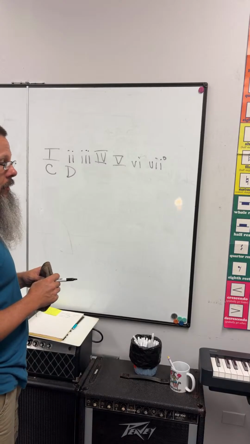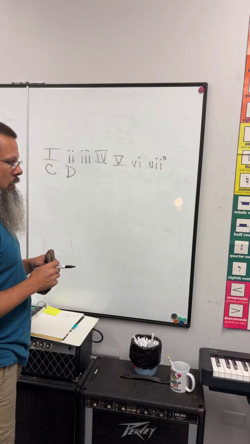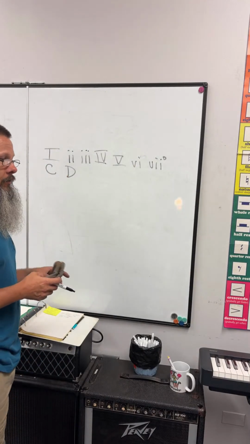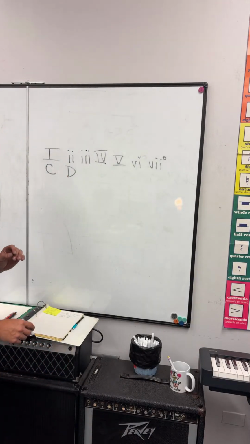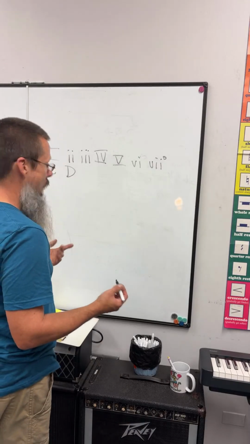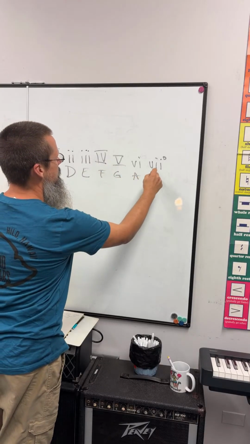And then thumb on left hand. Returning to root or foundation to give stability. F? C. Yeah. C, D, E, F, G, A, and B.